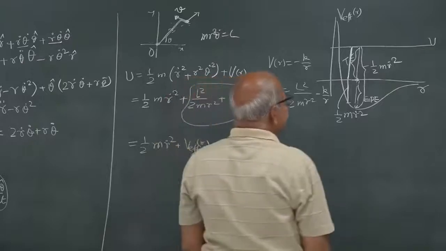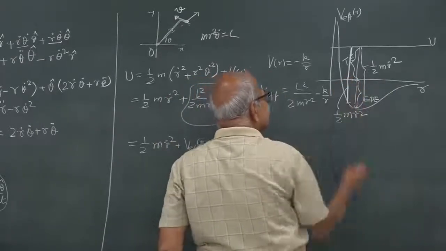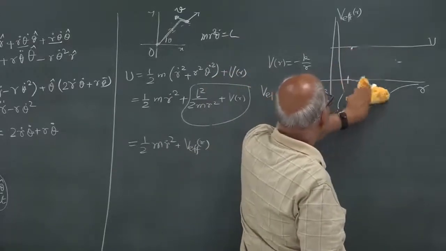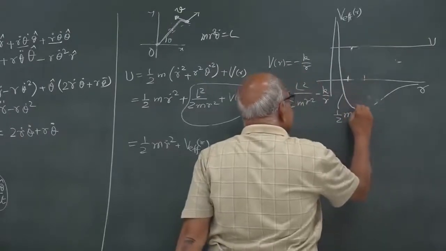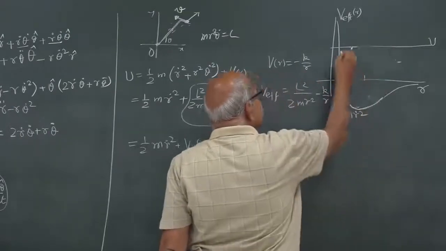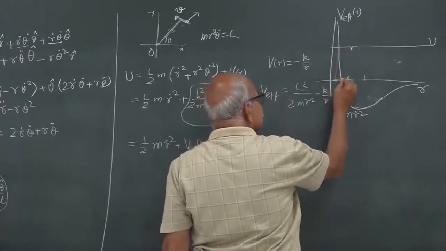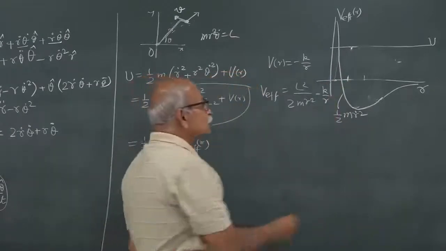On this diagram, as r decreases, you are going this side, this side, and finally at some stage r will decrease and you will reach here. Suppose r is decreased to this value, and what is this value?